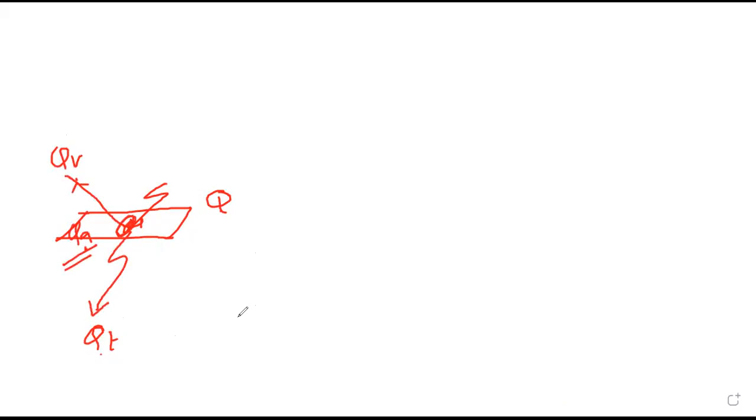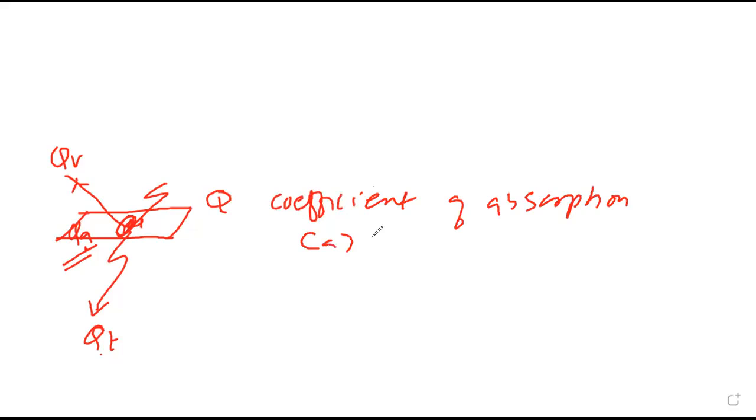In physics, comparing is called a ratio, and it is termed as coefficient. So we should know what is coefficient of absorption, denoted as A. It is the ratio of radiant energy absorbed to that incident.